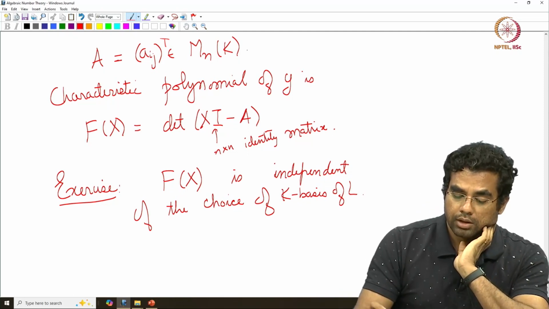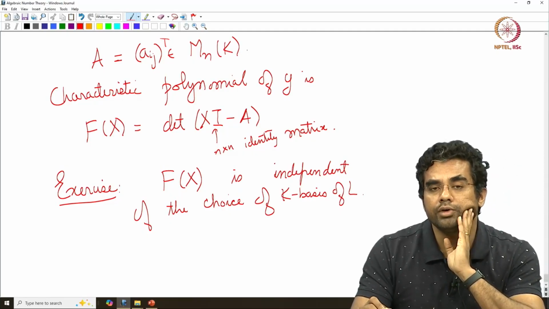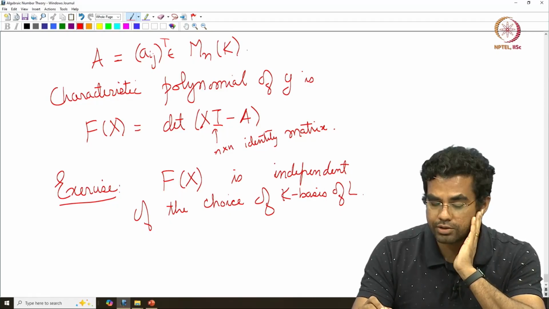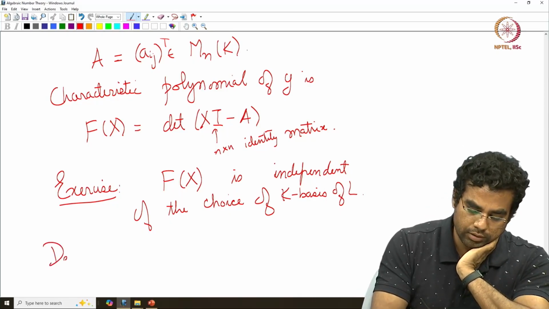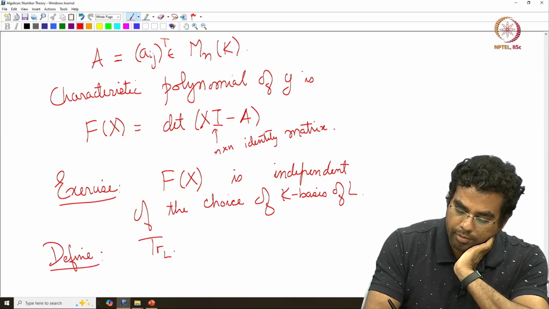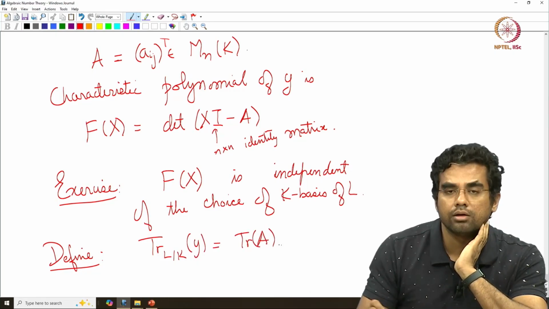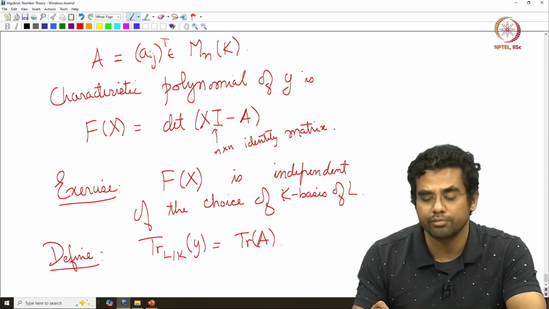Okay. Anyway, so this characteristic polynomial is a useful thing, but we are only interested in two coefficients of it. So, you define trace from L to K of y to be the trace of this matrix A. Again, it is independent of the choice of basis.